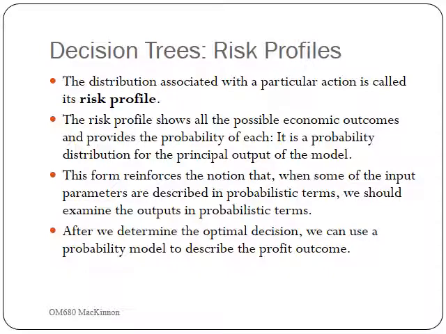The distribution that we associate with a particular action is called its risk profile. As you saw, we assigned probabilities to each of the states. Those are the risk profile. So we have the possible economic outcomes, the possible payoff, and the probability of that payoff.